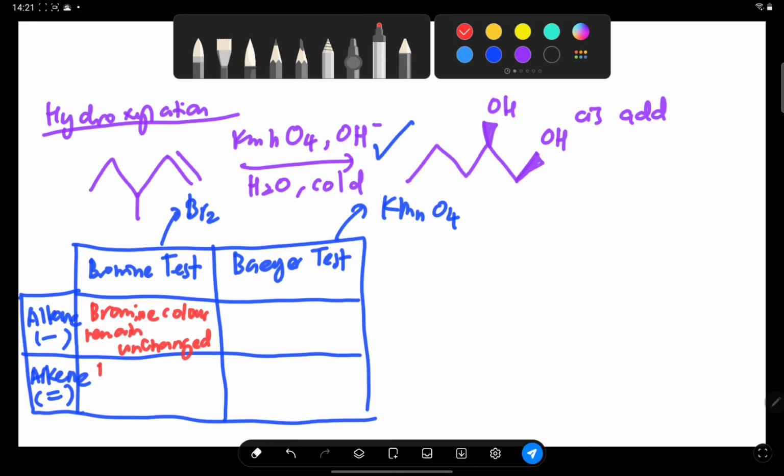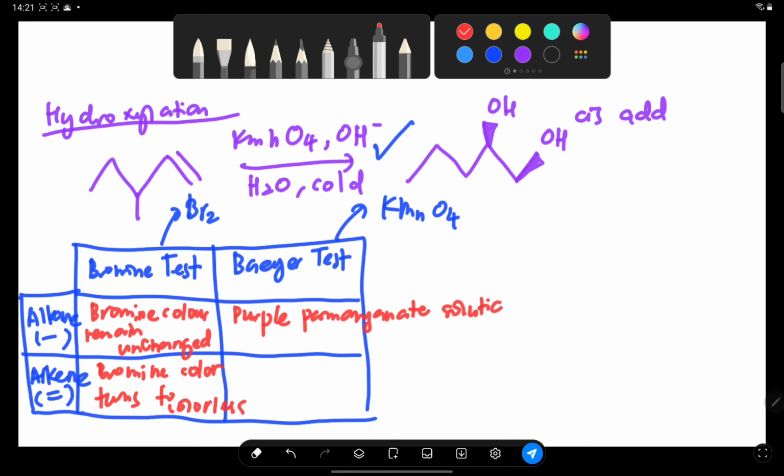For alkene, bromine color turns to colorless. And here for the Bayer test, for the purple permanganate solution, the purple color of permanganate solution remains unchanged.